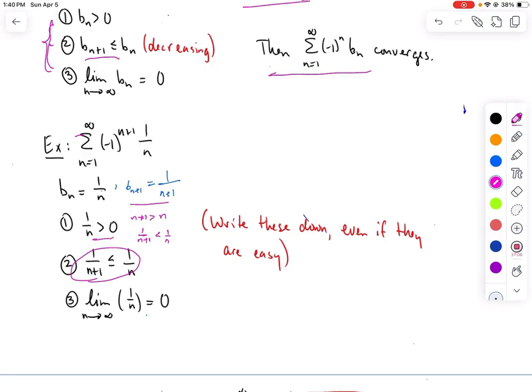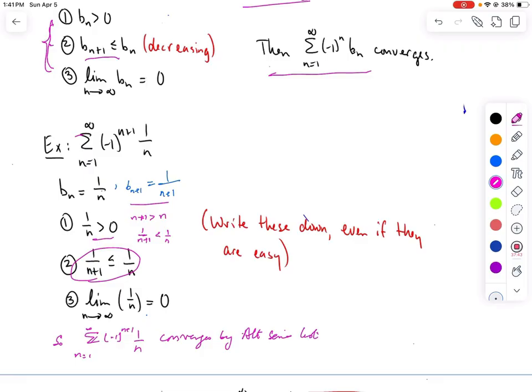Therefore, by the alternating series test, our series converges. So you can say the series (-1)^(n+1) times 1 over n, n from 1 to infinity, converges by the alternating series test.